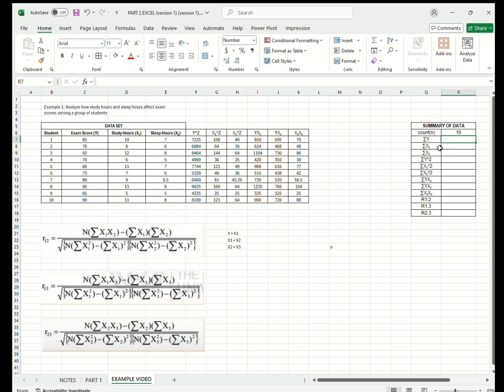And now we need to get the summation of all data that we gathered. The summation of the dependent variable y, and now the summation of the independent variable x sub 1 study hours.